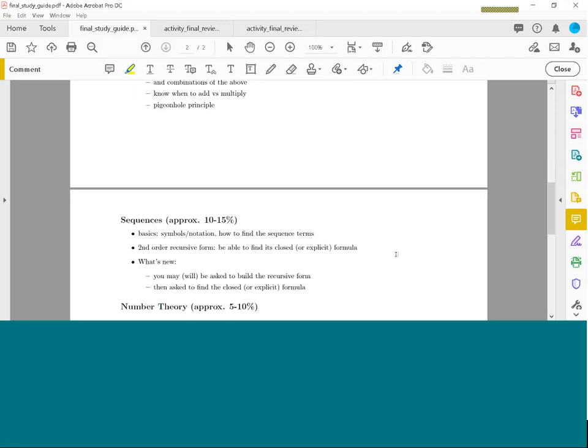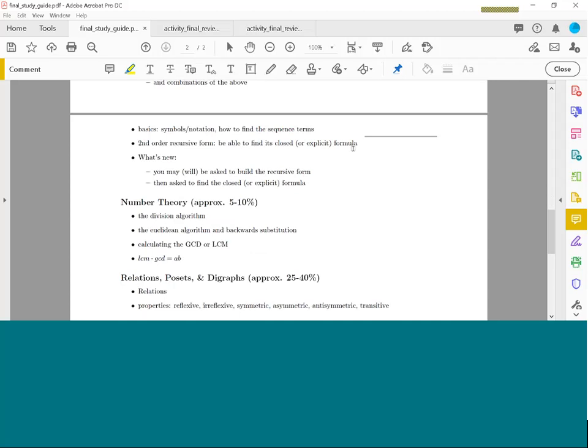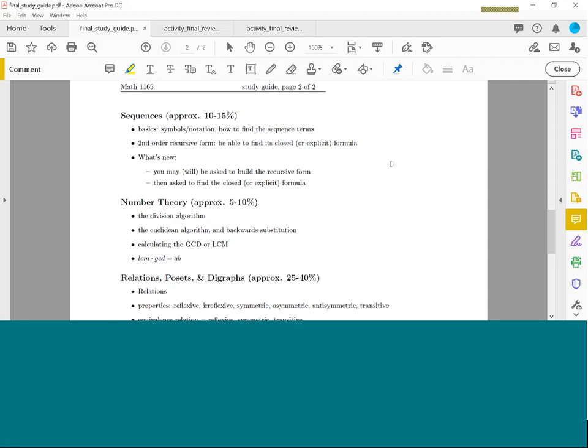The next topic deals with sequences. We've just dealt with sequences in test 3. So you might be asked to do another one that deals with finding your closed or explicit form, similar to what you had where you had to use the characteristic equation, like what we had just recently. But realistically, here's what you might be looking for: you may be asked to build the recursive formula.